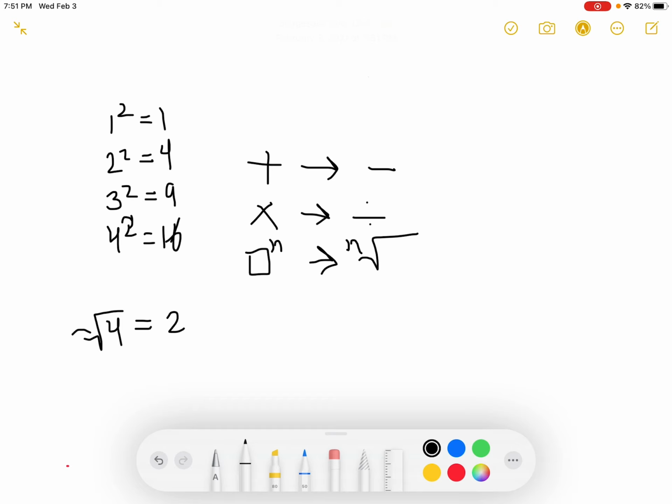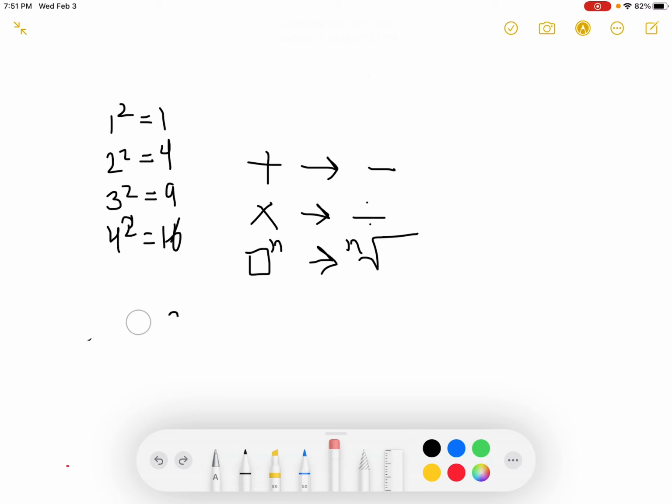Now, there's a number that can go here that shows if you take the square root or cube root or any other number. If you see a 3, then that means take the cube root. If you see a 2, then it means take the square root. But also sometimes there's just nothing. And if there's nothing, then it's also square root. So you can see that's the opposite of that. And that's how we got that.